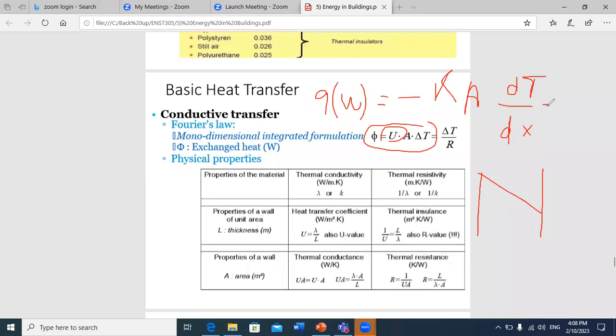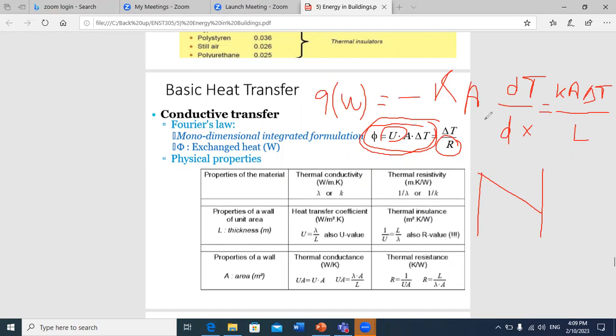So we can say that in conduction, we can write K times A times delta T over the thickness. So again, delta T represents the absolute value of temperature change. So if you compare this expression with the general expression of heat exchange, which is UA delta T, you can define what we call a resistance due to conduction, a resistance of convection, etc.